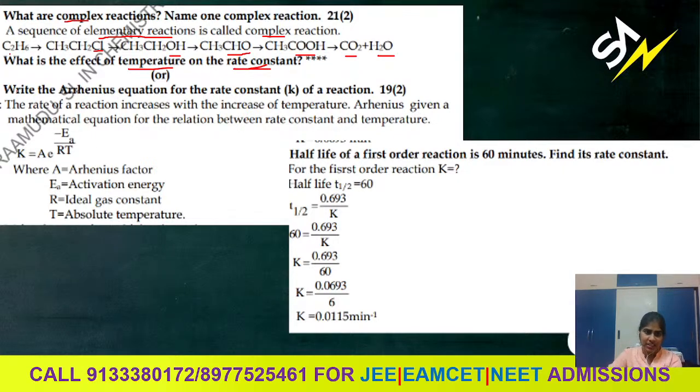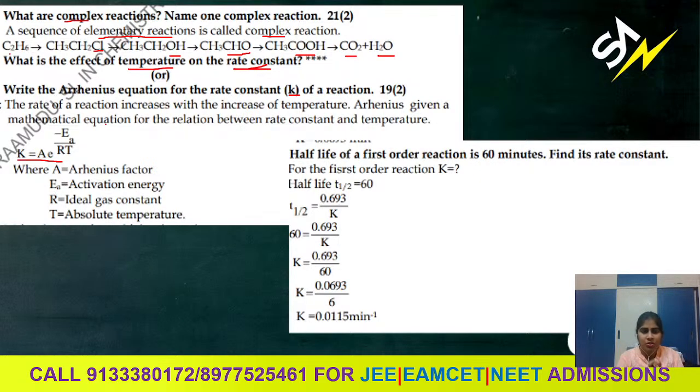Or a question is directly asked in this way: write the Arrhenius equation for the rate constant K of a reaction. So you need to answer in this way. Just define what the Arrhenius equation is. The rate of the reaction increases with increase of temperature.